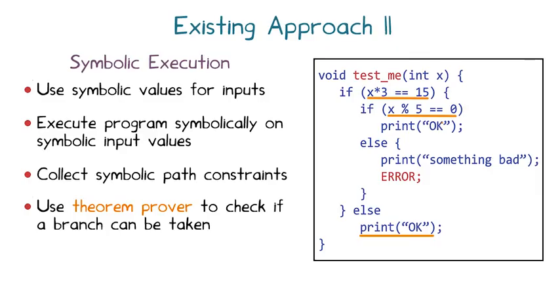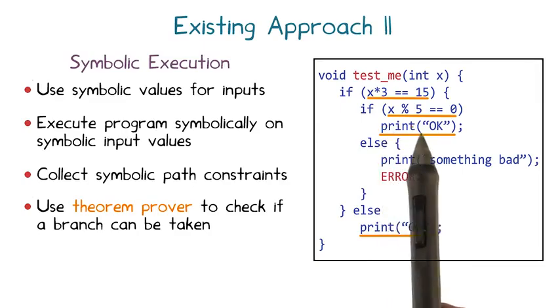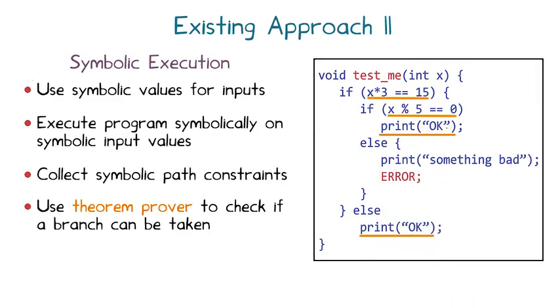The theorem prover would respond yes. So we'd explore the true branch leading to program termination. Finally, we negate the condition and ask if x times 3 equals 15 and x modulo 5 not equal to 0 has a satisfying assignment. The theorem prover would respond no, meaning that the false branch is unreachable. We therefore skip that branch.